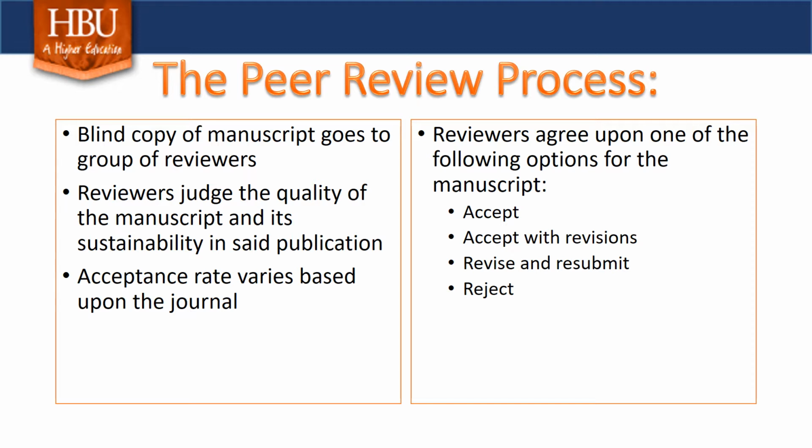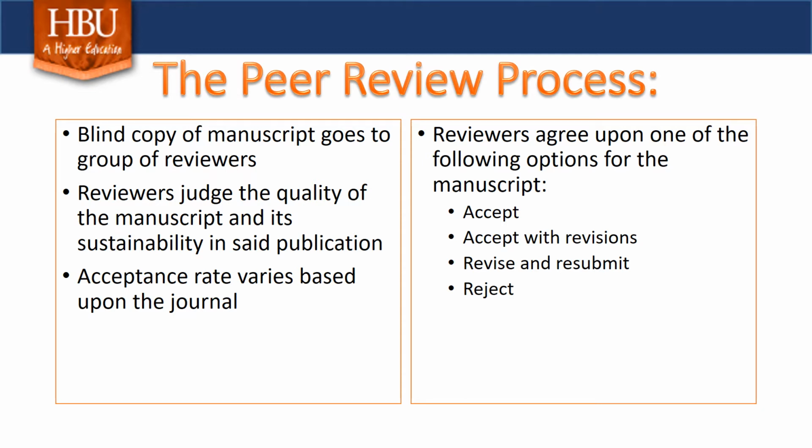In addition, I want to mention that dependent upon the strength of the journal, there will be varied acceptance rates. Those more popular, more respected journals obviously will have a lower acceptance rate. It's harder to get your article published in those journals. Other, maybe smaller, less reputable journals may have a higher acceptance rate.